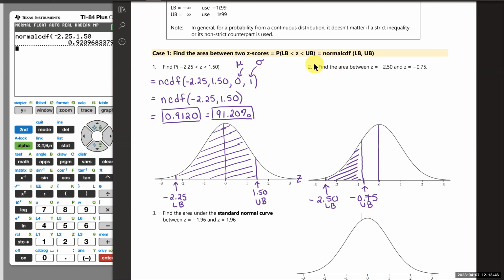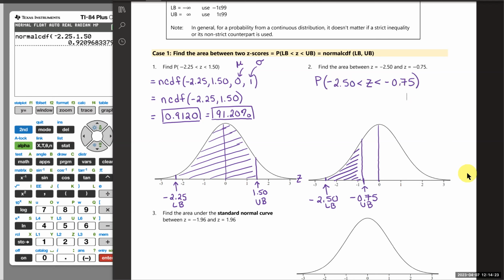I'd also like to write this question as a probability question. So we could say find that area, or we could say what is the probability that a z-score is between negative 2.50 and negative 0.75. It's important to understand that this is the mathematical way to say z is between two numbers: you have the lower bound, the less than sign, and then the z, then another less than sign and the upper bound. So z is between those two values, lower bound, upper bound.